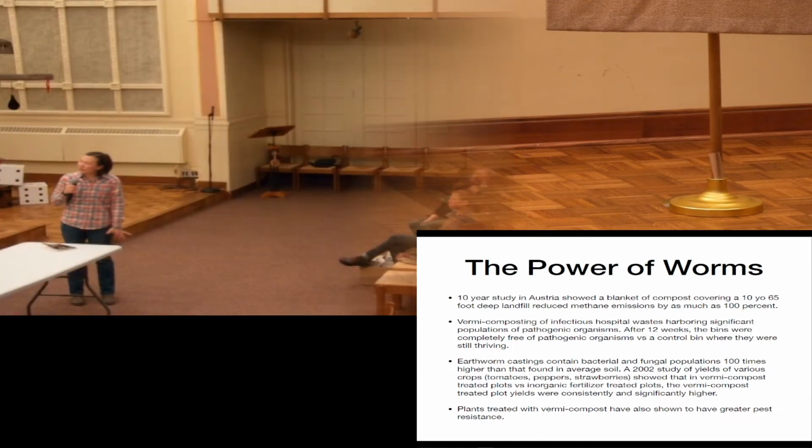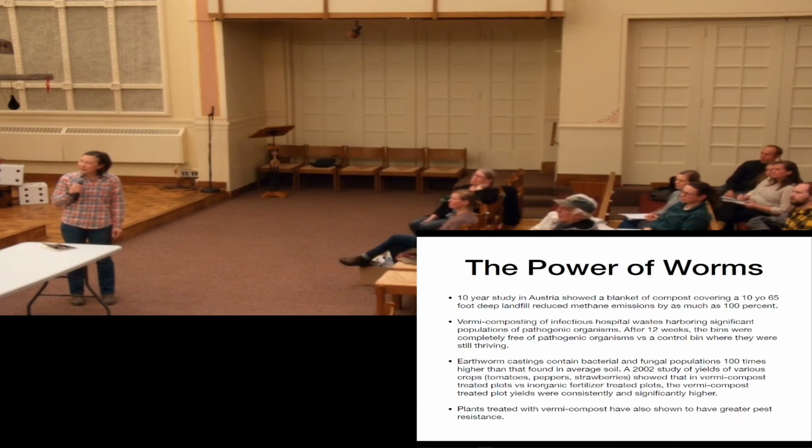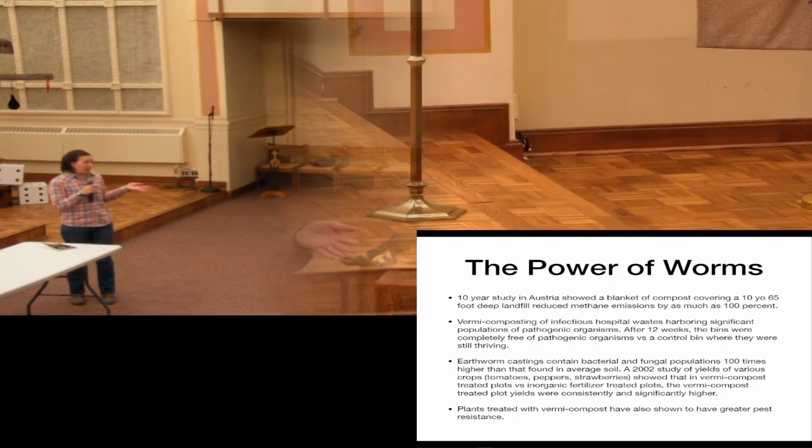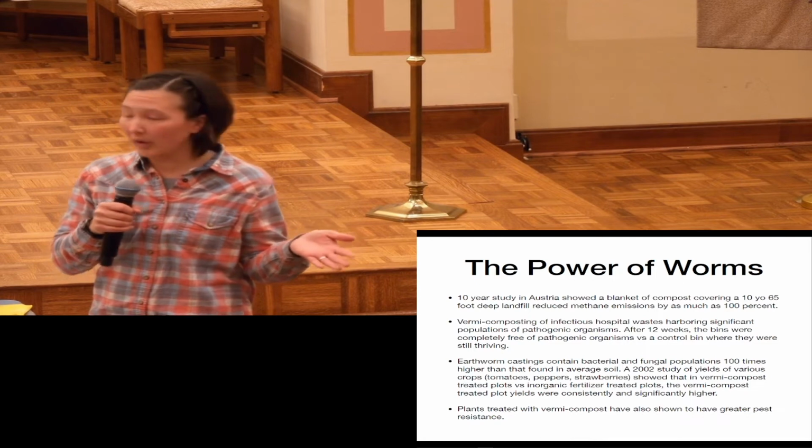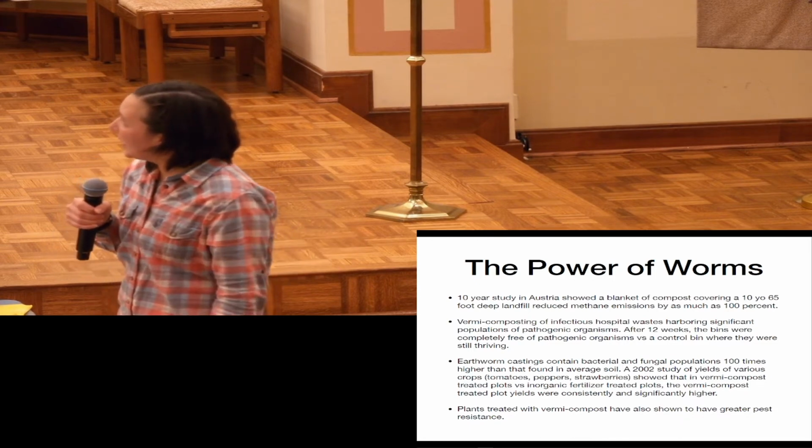And so earthworm castings contain bacterial and fungal populations 100 times higher than that found in average soil. So talk about adding biology to your soil. These red wiggler worms are the type of composting worms that I'm using. You can really add a lot of those microbes to your soil with this type of composting.